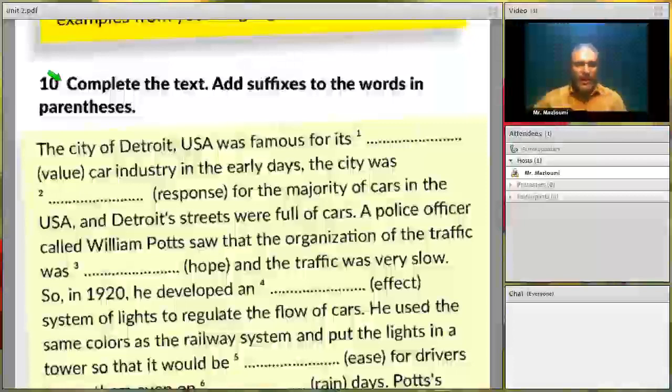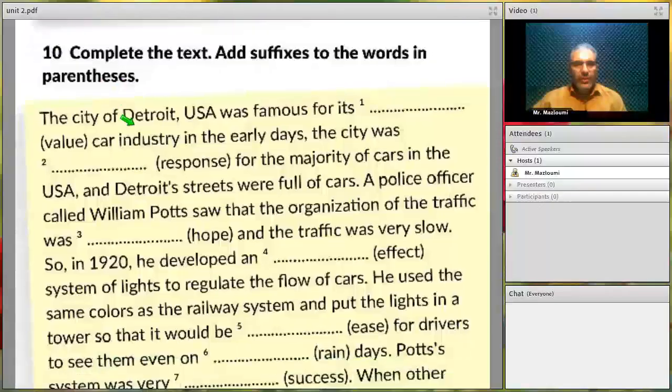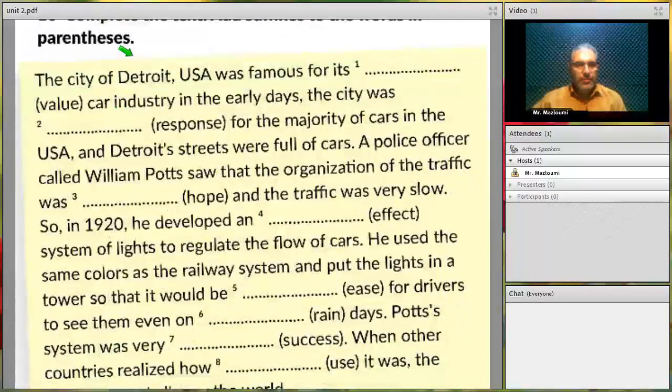Exercise 10. Complete the text. Add suffixes to the words in parentheses. The city of Detroit in the US was famous for its valuable car industry in the early days. The city was responsible for the majority of cars in the US, for most of the cars in the US.